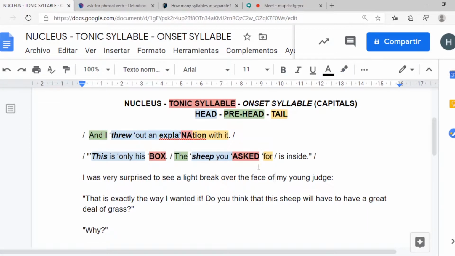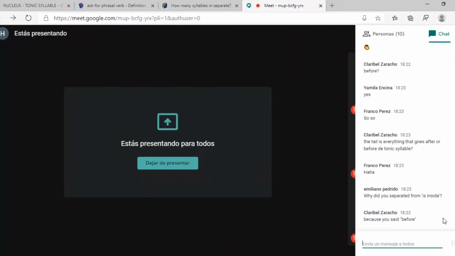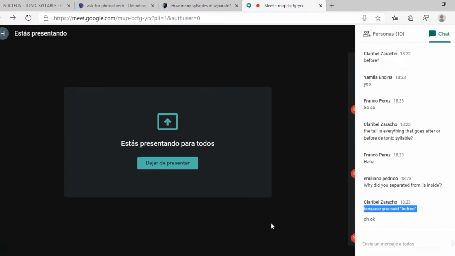Everything that goes after the tonic syllable, up to the end of my utterance, will be my tail. Sorry, after, that was my mistake. It doesn't matter if I have stresses in these words.